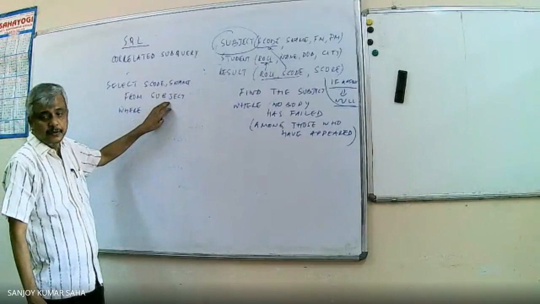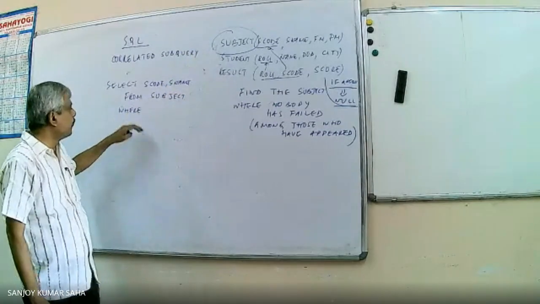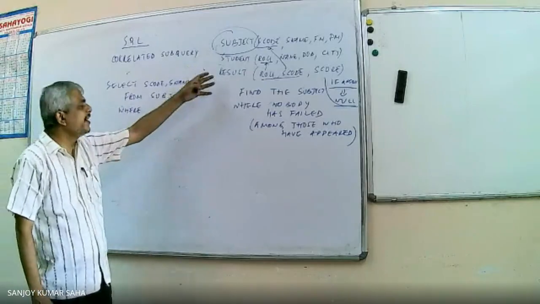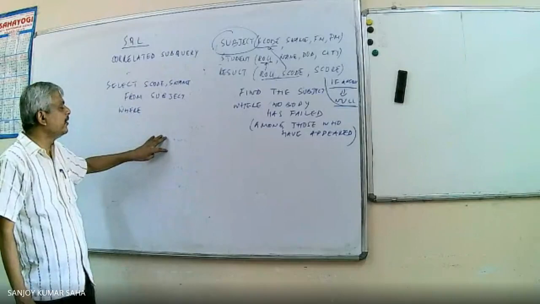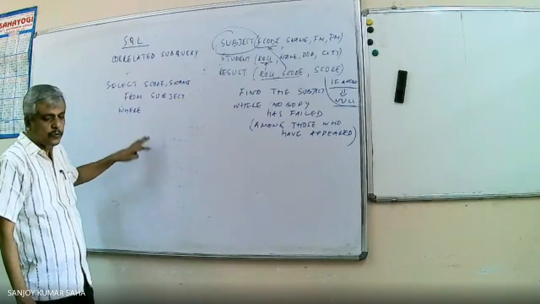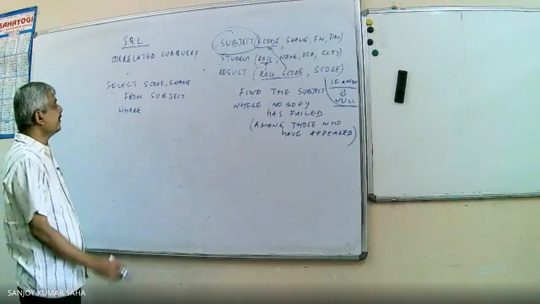So again correlated. Whenever we move to the next tuple in the subject, we will have to go for executing and verifying the condition. So for every subject tuple, we will have to go for verification. So we need to go for some correlated query. We are avoiding the join.